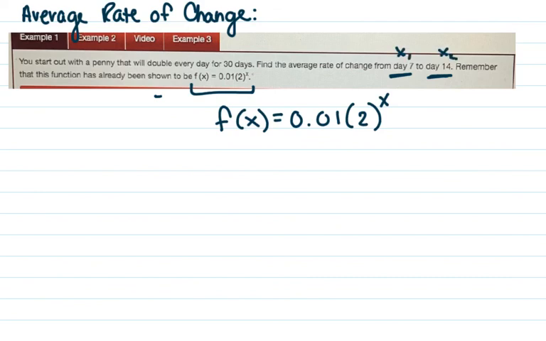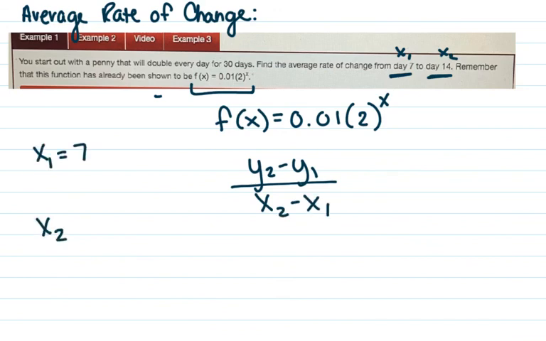And so to find the average rate of change, you're just using the rate of change formula. I know my x1 is 7, and I know my x2 is 14. And so to find my y1, I'm going to take 7 and plug it into the function.